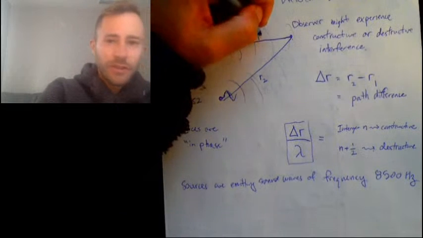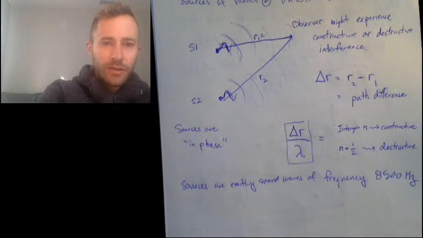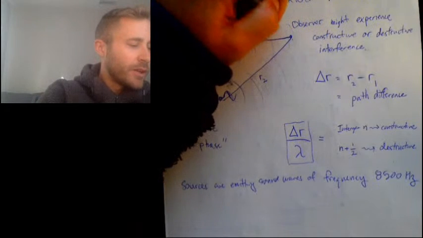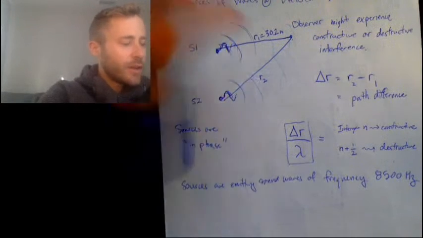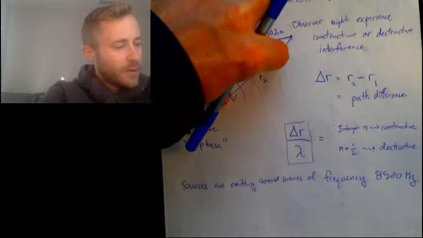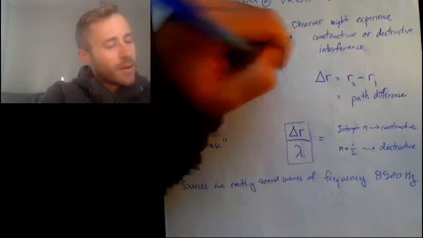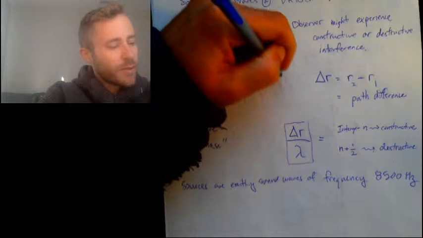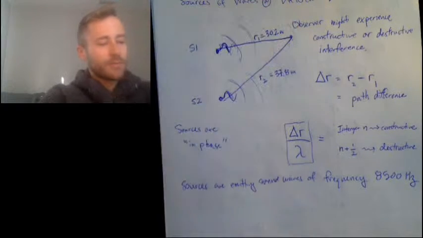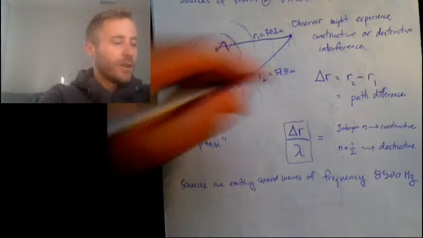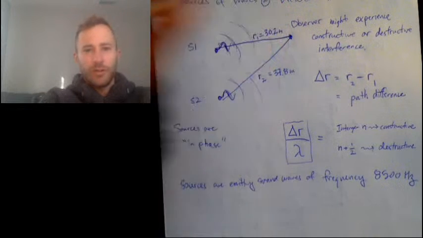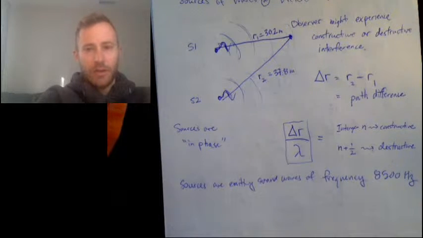And we'll say that this distance is, let's make it 30.2 meters. And this distance right here is maybe 37.8 meters. All right? And so we want to know, is there constructive or destructive interference at that location?